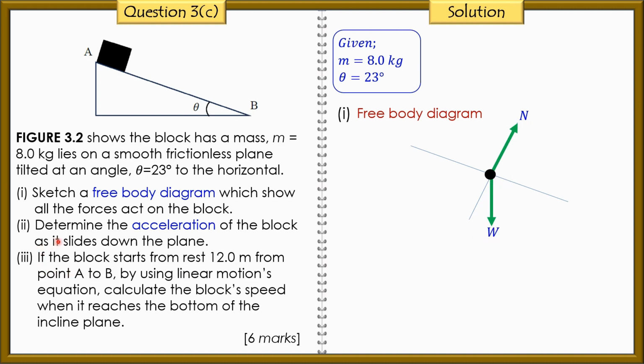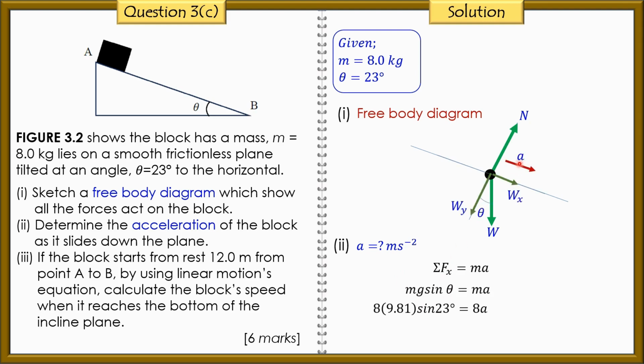Question number 2, you need to determine the acceleration of the block as it slides down the plane. To calculate the acceleration, because the acceleration is at the x component, we will use Newton's second law of motion, which is the sum of forces at the x component is equal to ma.